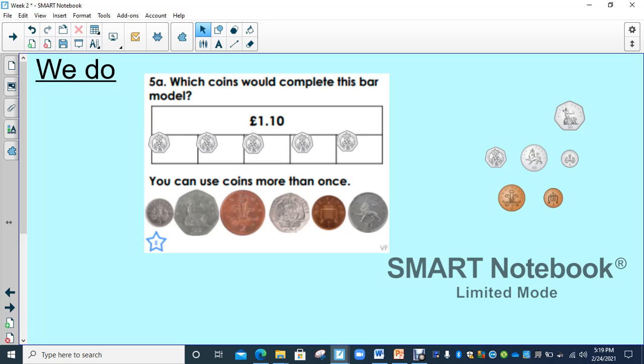If I've got 5 sections, 5 times something is equal to 10. 5 times 2 pence is equal to 10 pence. But you might have worked it out a different way. How did you guys solve that one? I'd be very interested to know, because all of our brains work out things differently. Okay, let's move on.